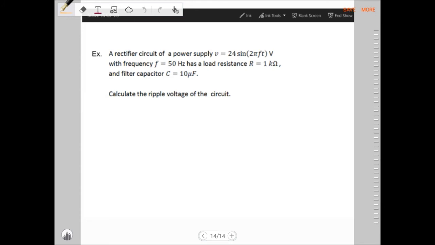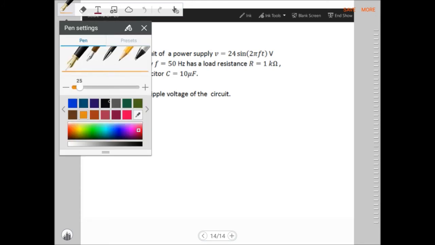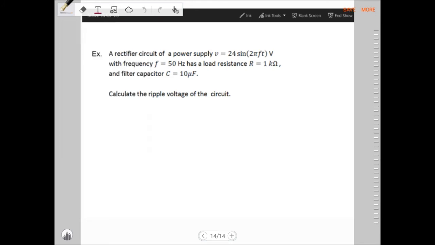Now let's do a simple example. A rectifier circuit is given this input voltage with a frequency of 50, has a load resistance of 1 kilo ohm and a filter capacitor as shown. Calculate the ripple voltage of the circuit. It doesn't say whether this circuit is a full wave or half wave rectifier.